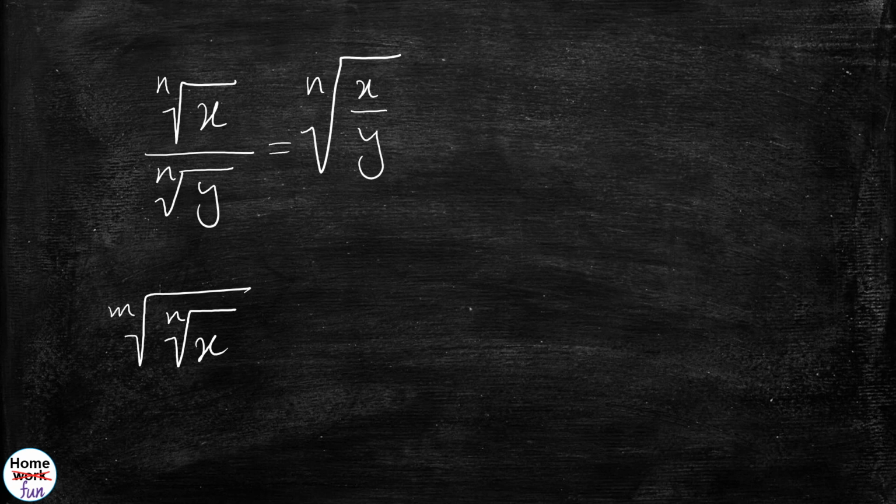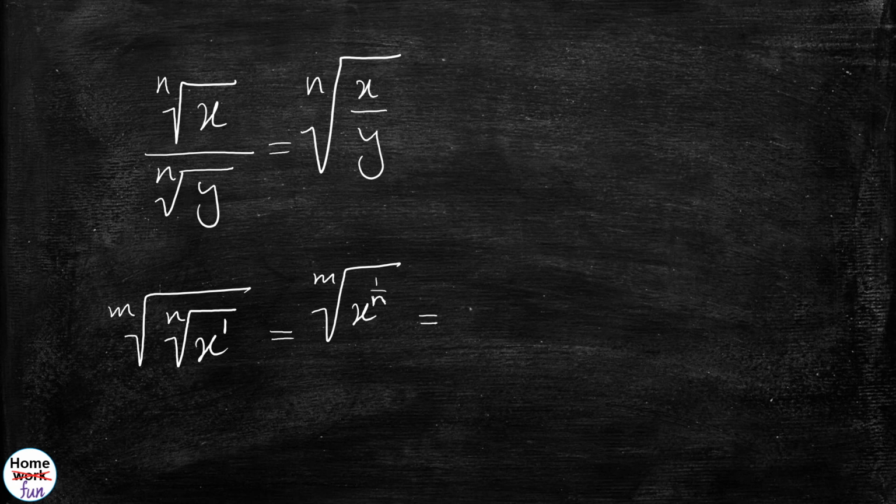So let's do it step by step. First I start from inside and go outside. So the nth root of x, I can write it as x to the power of 1 over n. And then do the same one more time. So x to the power of 1 over n.